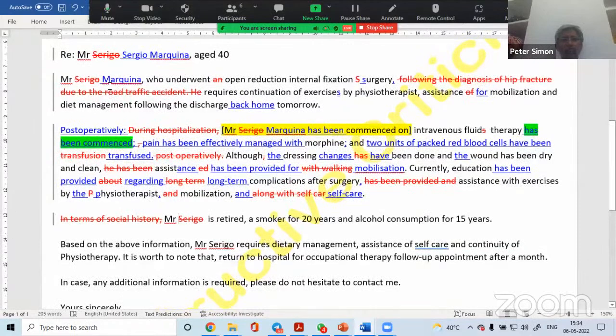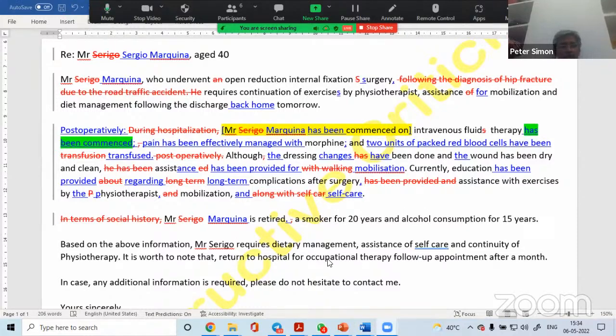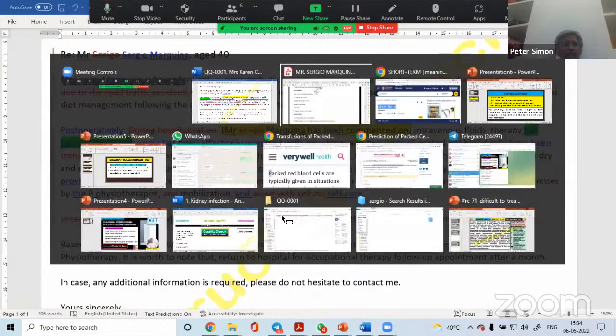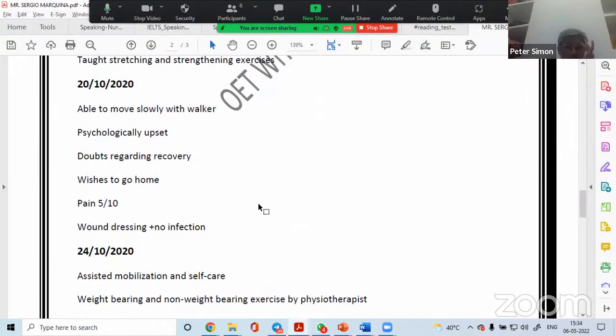Mr. Marquina is retired. Full stop. Retired what? Incomplete information. Retired from where? From what profession? I don't know whether it is there in the case notes or not.